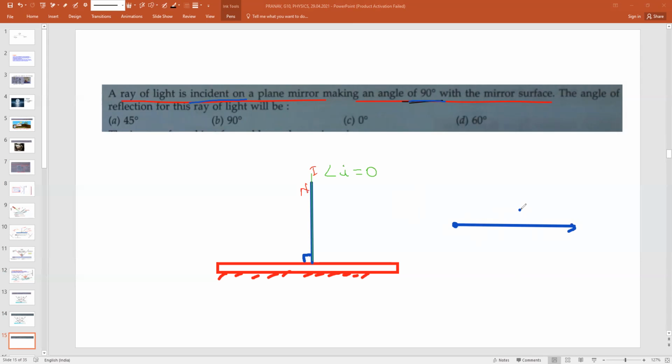This line is creating 0 angle, right? In the same way, the normal and the incident ray are the same line. So how much angle will it create? It will create 0 degrees. If 0 degrees is angle i, then the reflection must also be 0. Do you understand?